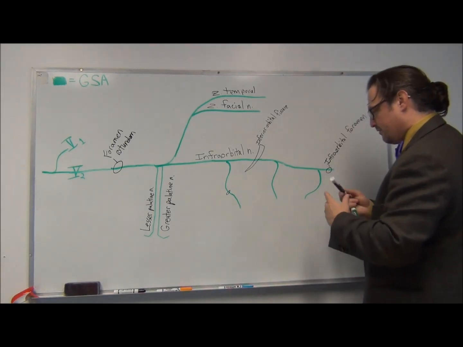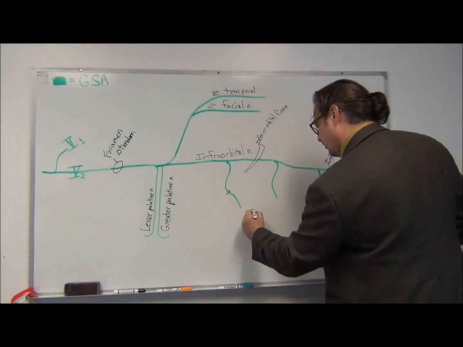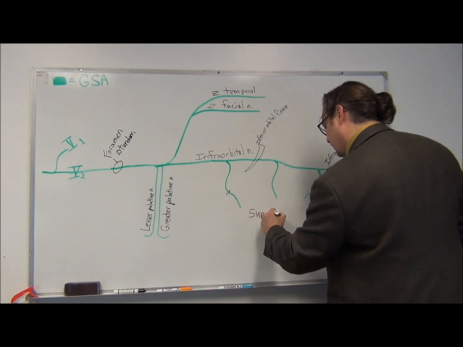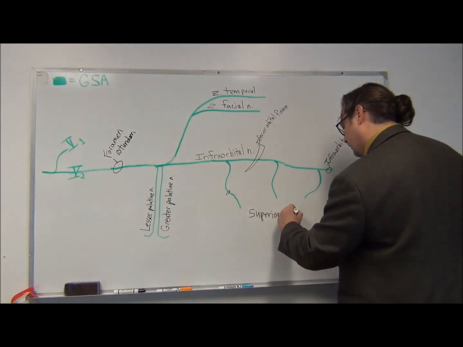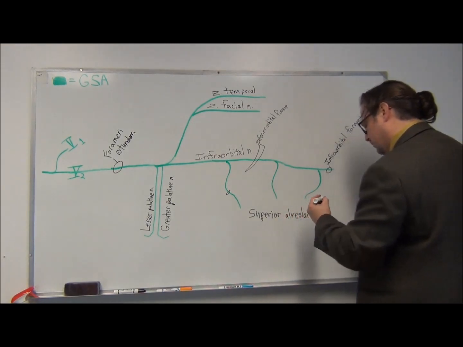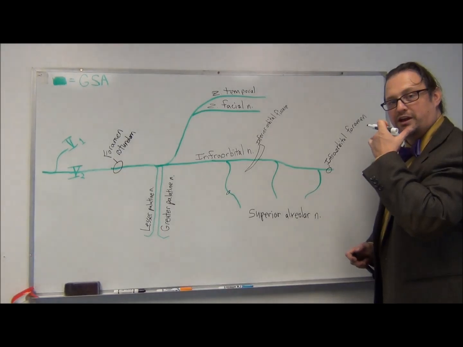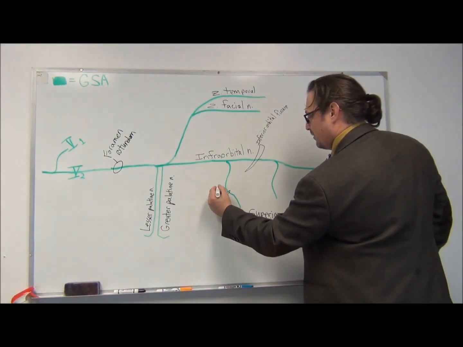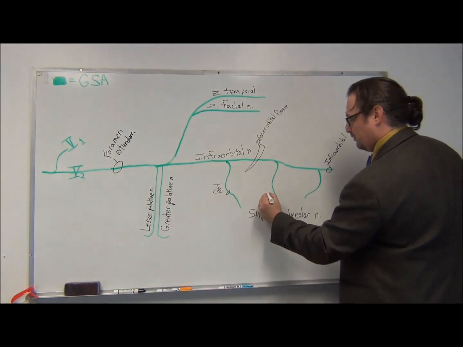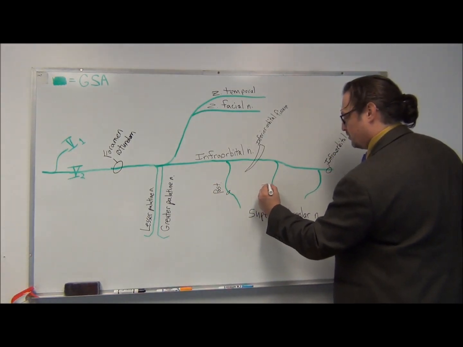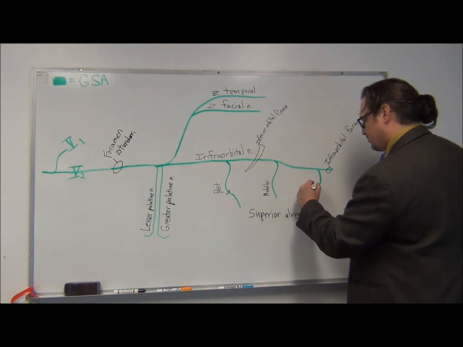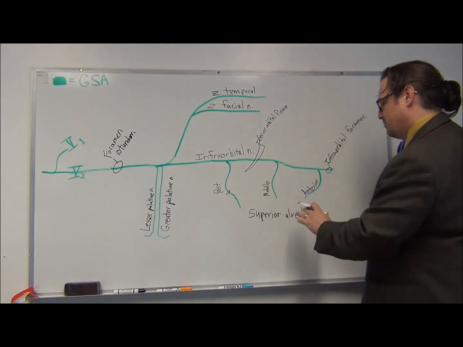These are all referred to as superior alveolar nerves, and they're all going to the teeth of the upper arcade or the maxilla. The one that's back here is the posterior superior alveolar. This one's the middle superior alveolar, and this guy, I'm sure you're not surprised to hear, is the anterior superior alveolar.